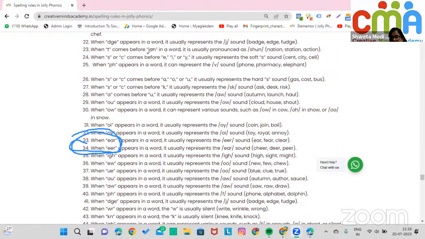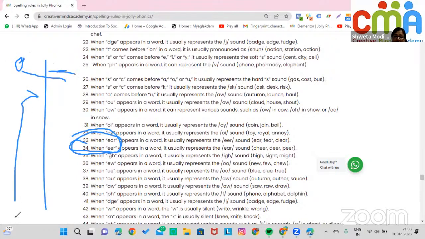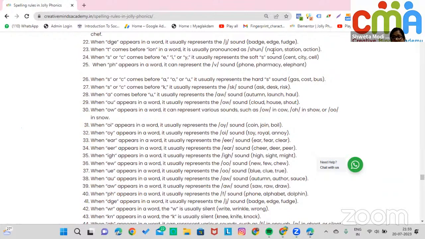We need to make the children practice this by making a column and asking them to write the EAR words in one column and the double ER words in another. So they'll start writing the words, and that's how they will understand that both of them are giving the same sound, being homophones.